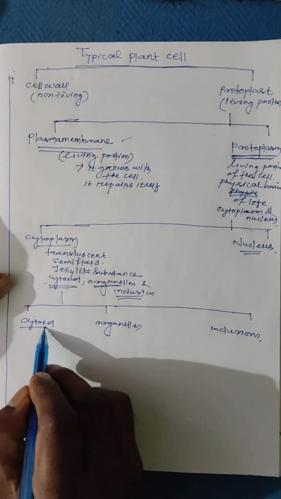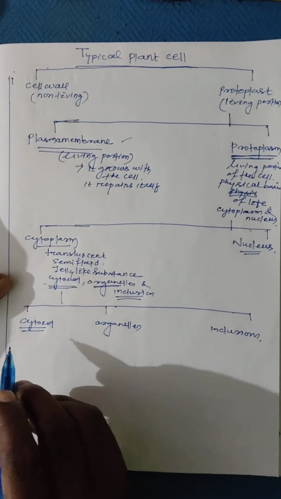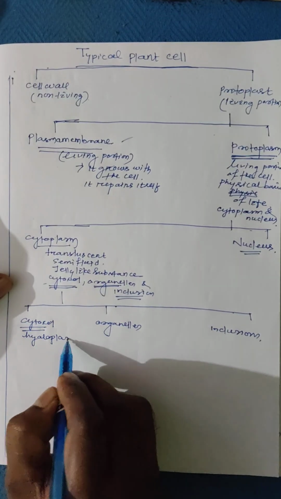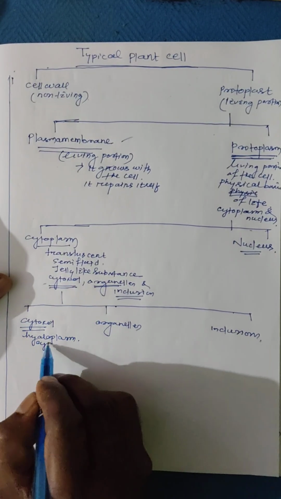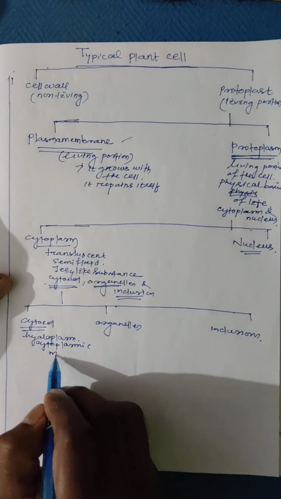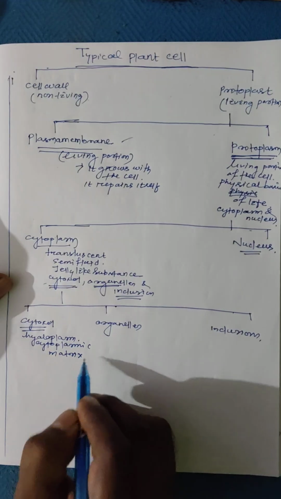So what is cytosol? The cytosol is also called hyaloplasm and also called cytoplasmic matrix.